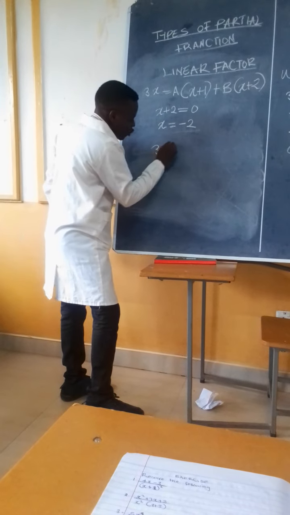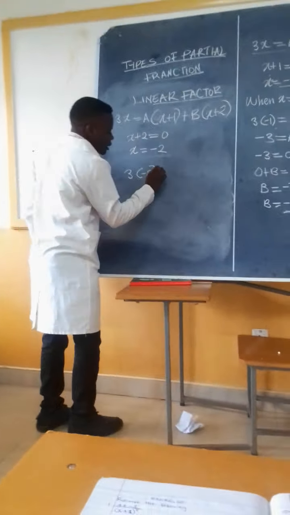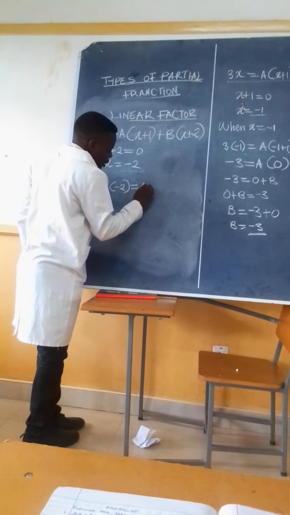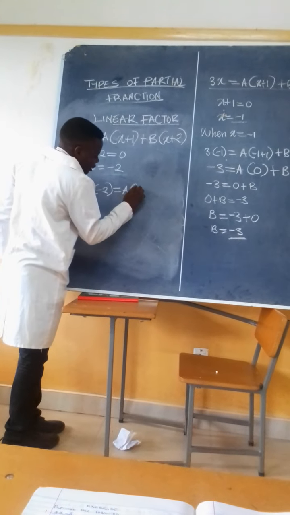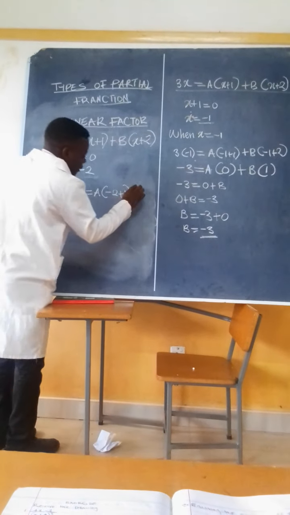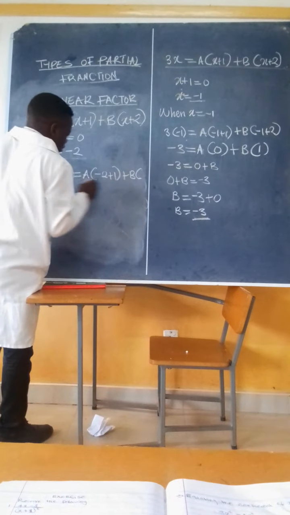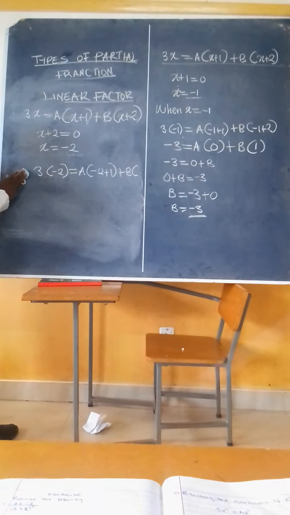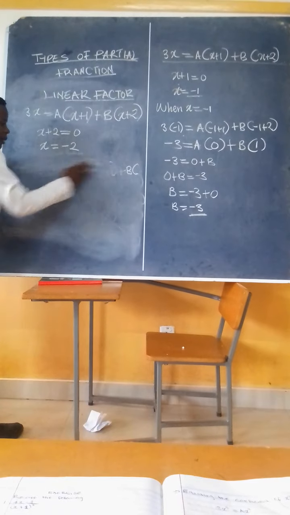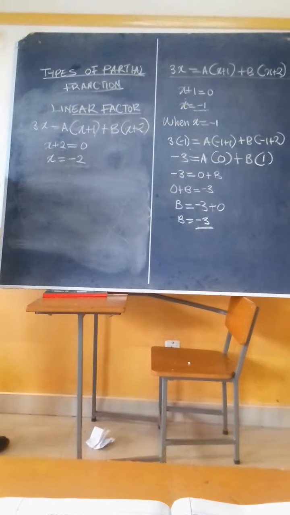We said 3, open brackets, x, which is negative 2, where there's x, is equal to a, open brackets, negative 2 plus 1, close brackets, plus b, open brackets. Okay, let me write because of the space.